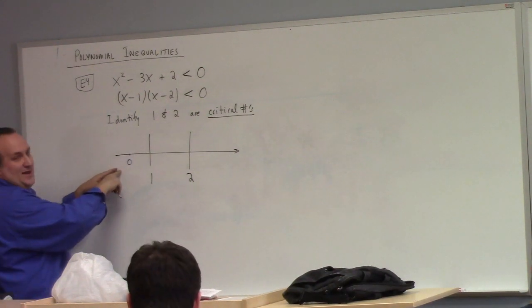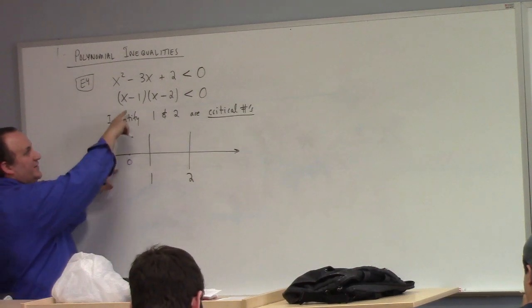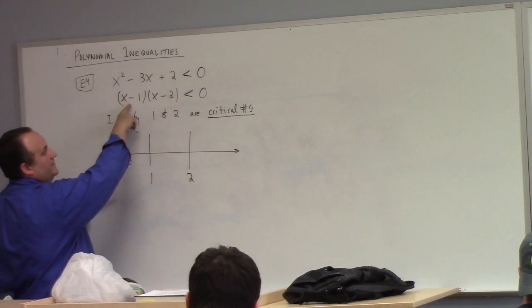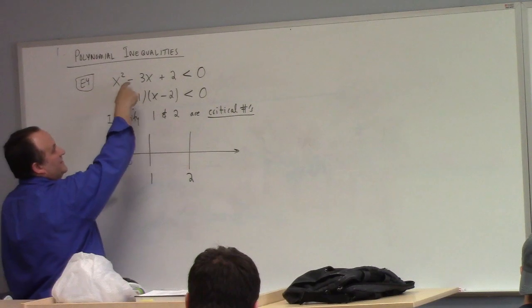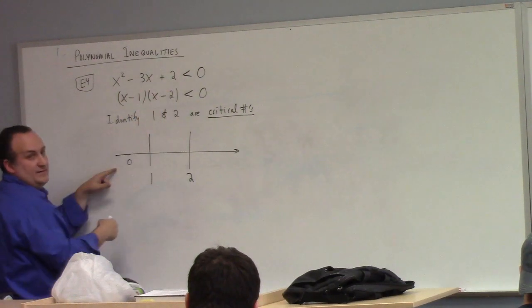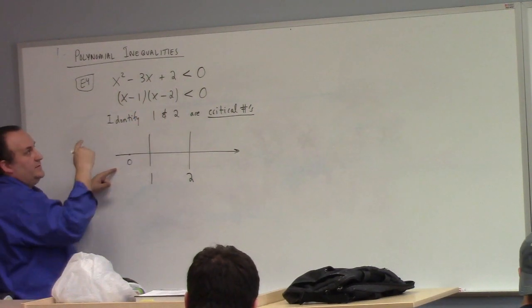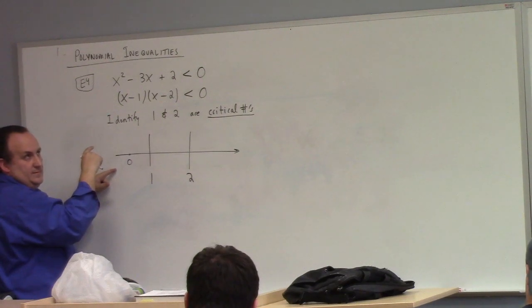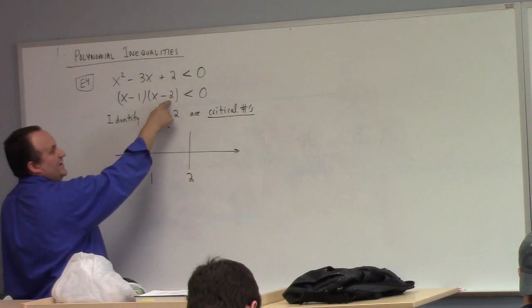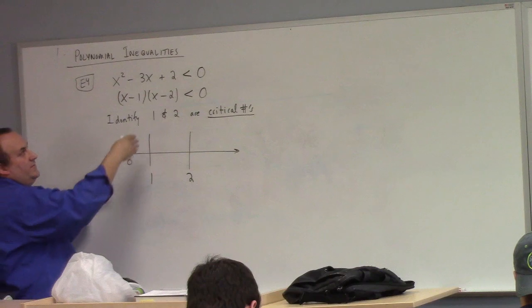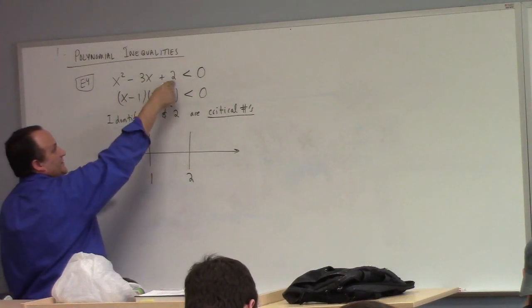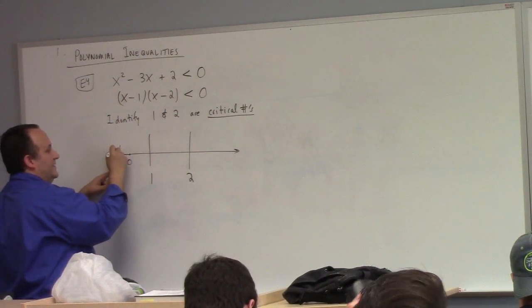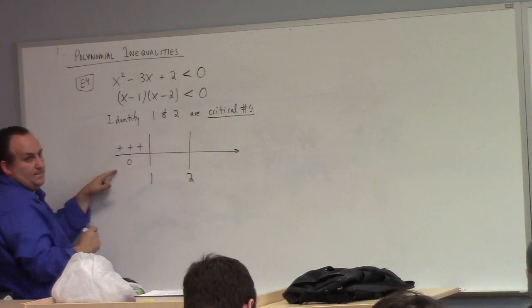If we plug in 0 into the formula, I get what? Plugging it in up here is easiest. 0 minus 1 times 0 minus 2, so minus 1 times minus 2 is 2. So plugging in 0 gives me 2, and so I have positive signs here.